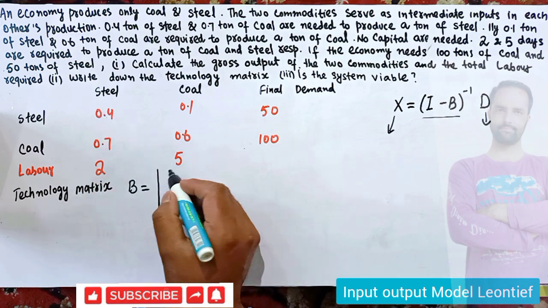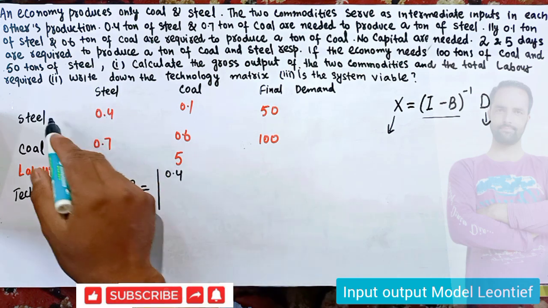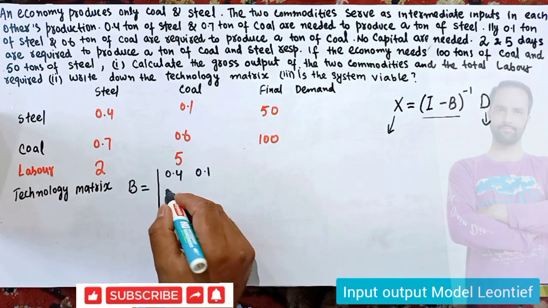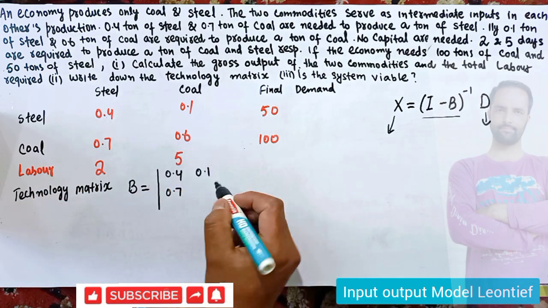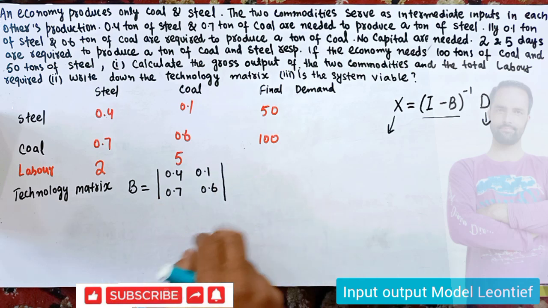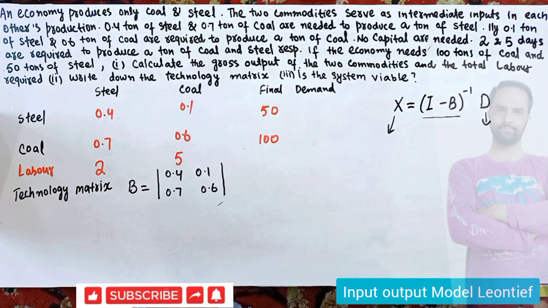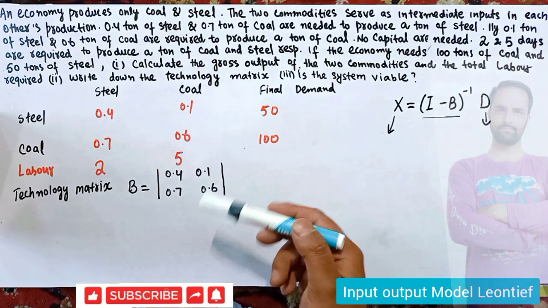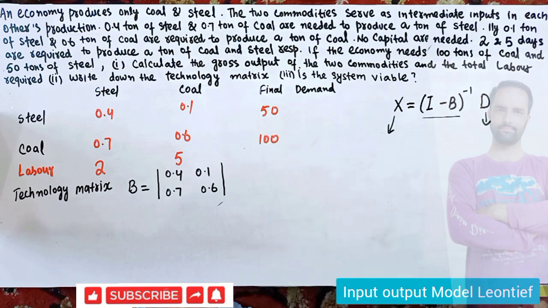So we have 0.4, 0.1, 0.7 and 0.6. So this will be our technology matrix. It is the coefficient matrix, or we also call it the technology matrix here in this case.